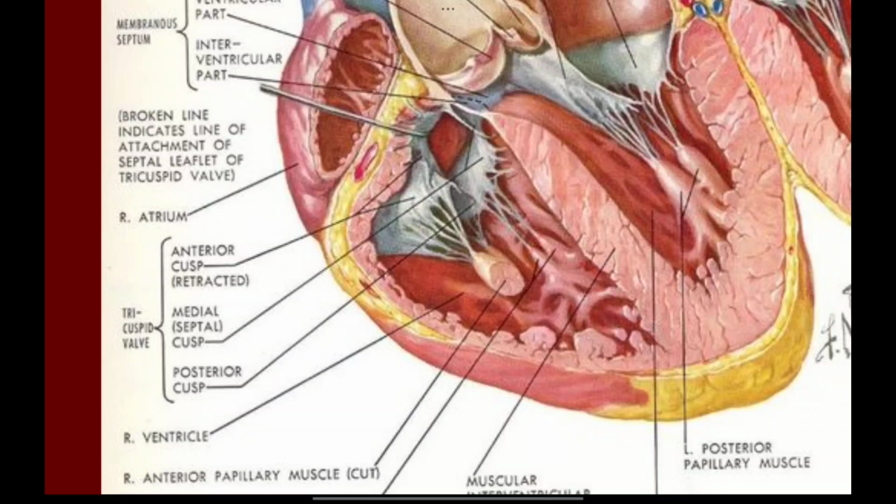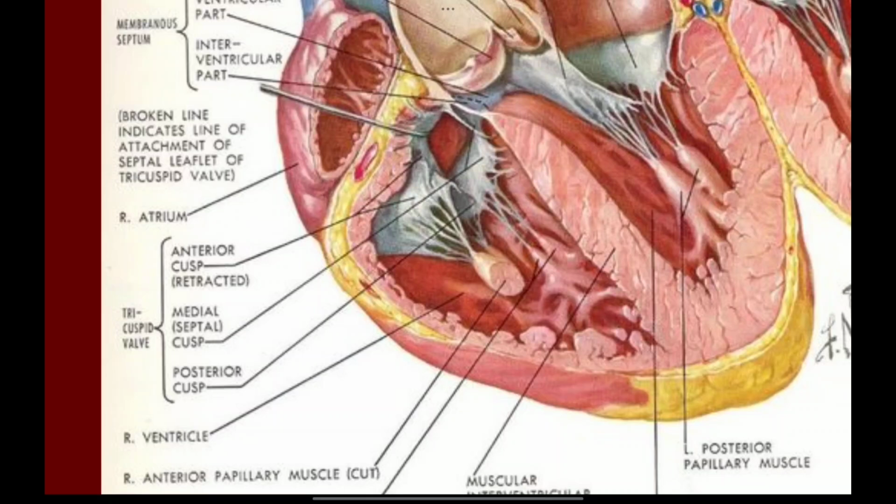The pulmonary orifice is guarded by a semilunar valve, and three semilunar valves are present in it.